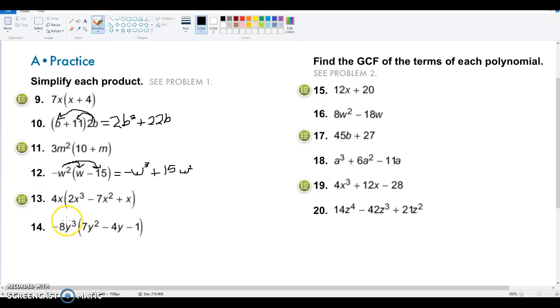All right, number 14. We have negative 8y cubed times 7y squared minus 4y minus 1. So we multiply this negative 8y cubed times 7y squared. It's negative times a positive, so it's negative. 8 times 7 is 56.